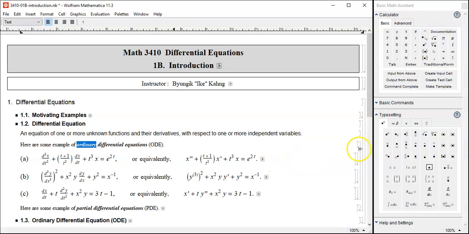We have only one variable, single variable functions, so the derivatives are just usual total derivatives. The first example here, d squared x dt squared, second derivative, or equivalent to x double prime, and dx dt, equivalent to x prime, and so on and so forth. First equation is an example of a linear equation.